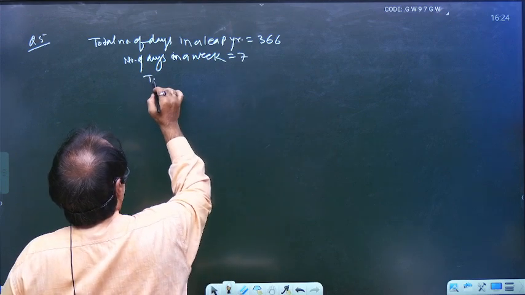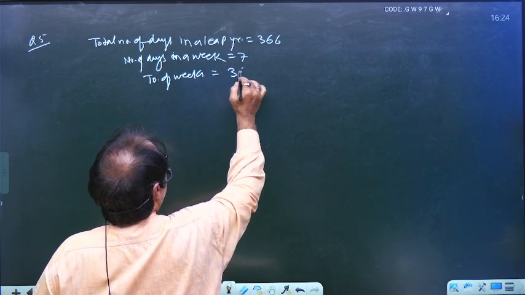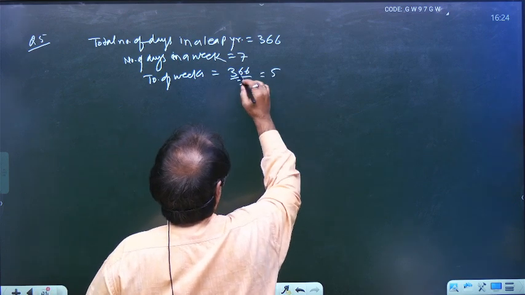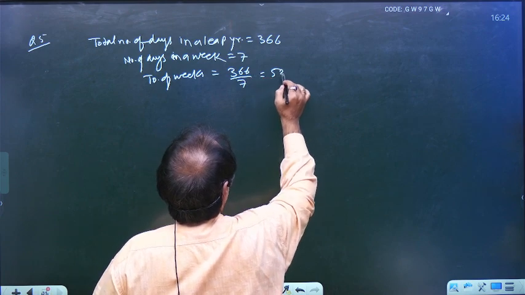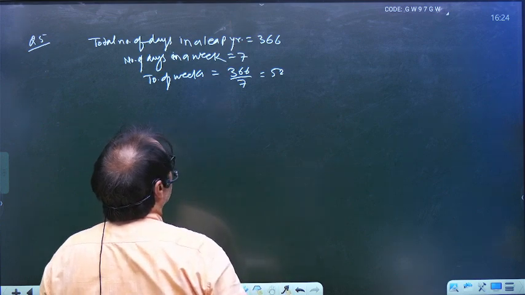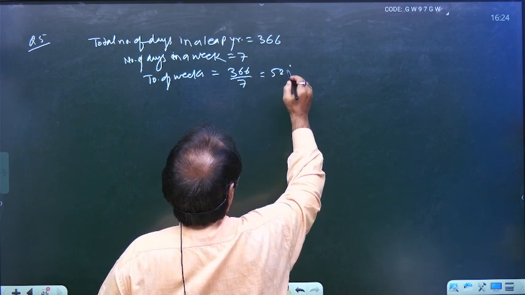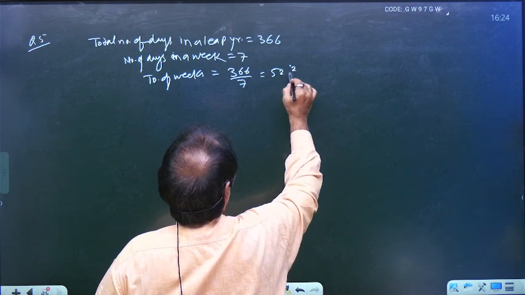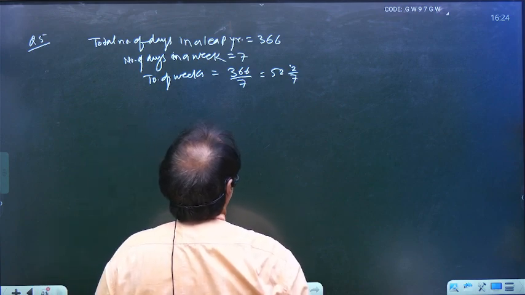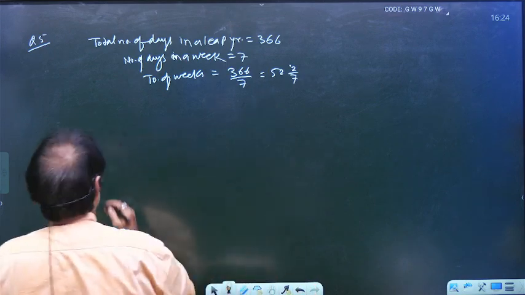So the number of weeks is equal to 366 divided by 7. So that is 7 5s are 35 and 7 2s are 14, so 52 weeks and 2 by 7. So 53rd Tuesday.